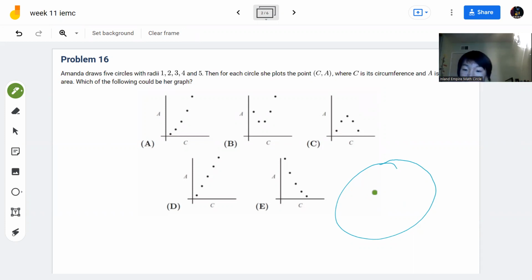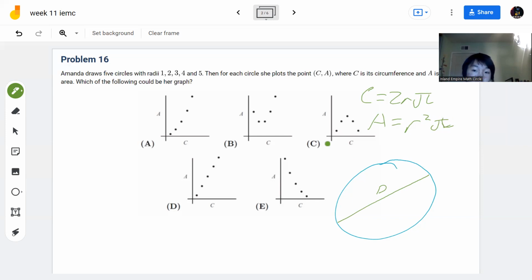The circumference is actually super easy. To find the circumference of any circle, you get the diameter, the distance across, and multiply it by pi. So the circumference is diameter times pi, or 2r pi, 2 times the radius times pi. The C will always be equal to this, and the area will be radius squared times pi.